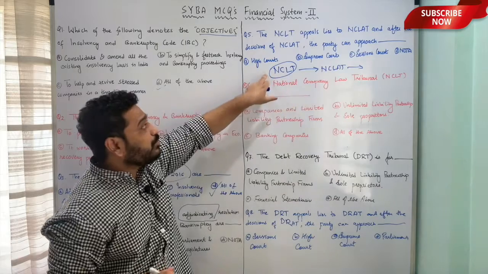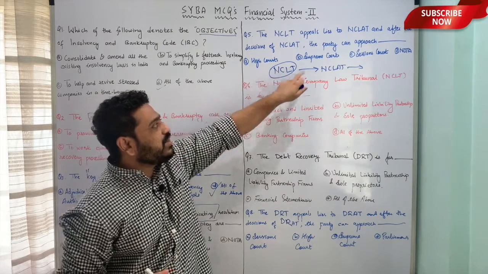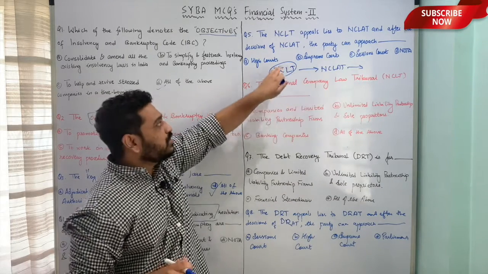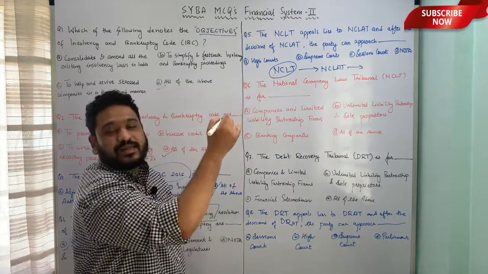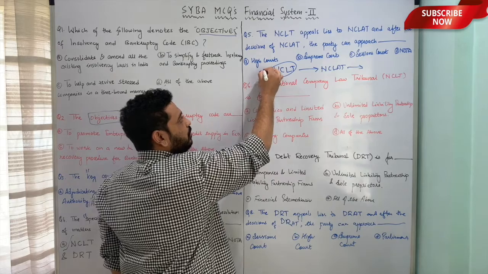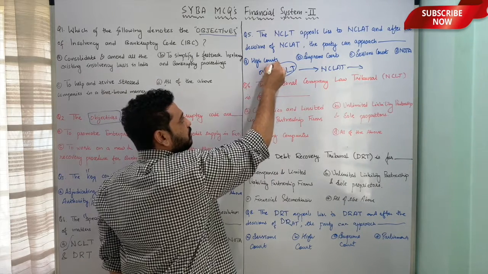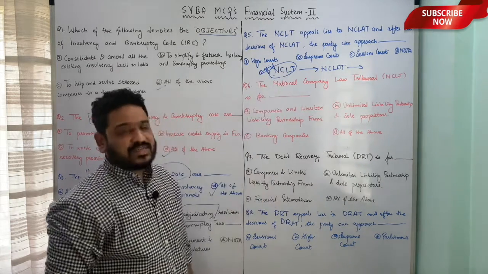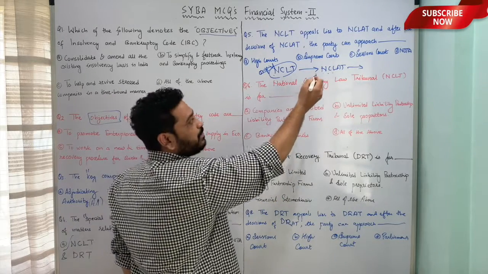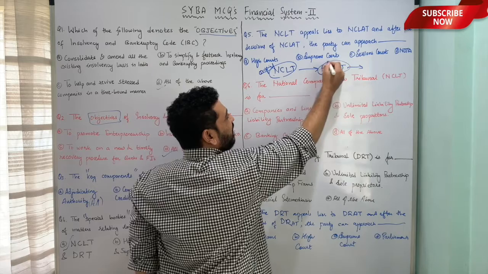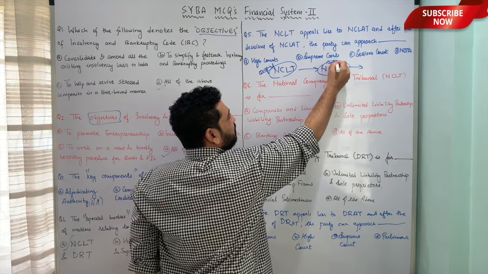You have to first approach NCLT, and then this will direct you to NCLAT. So NCLT has the original jurisdiction, and NCLAT has the appellate jurisdiction.